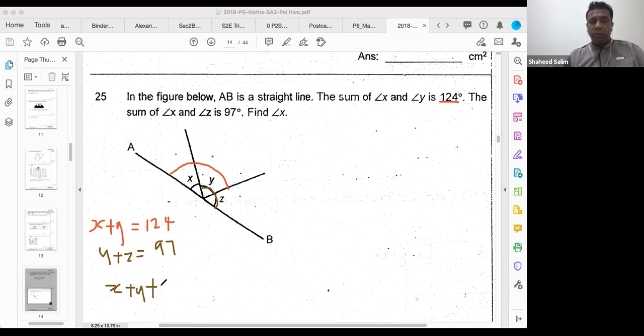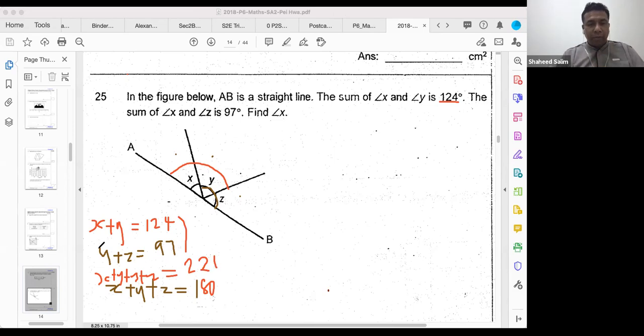So what do we do? We combine these two and then we minus. I just want to show you how we do it. Then you can find the center one. This one is 180. x plus y plus z, you add these two, you get how much? 221.